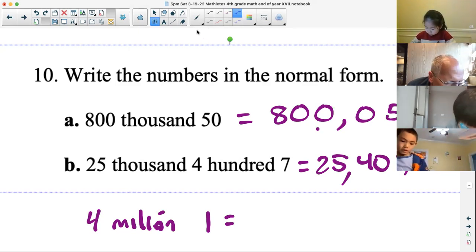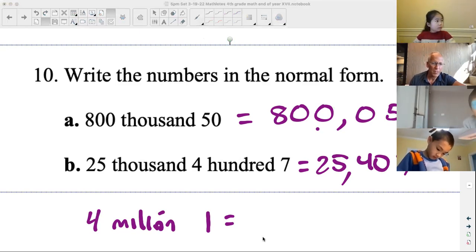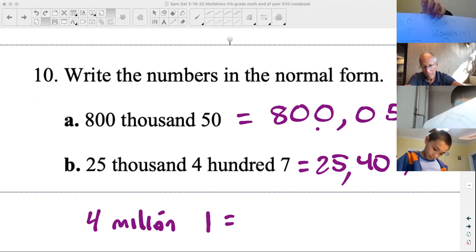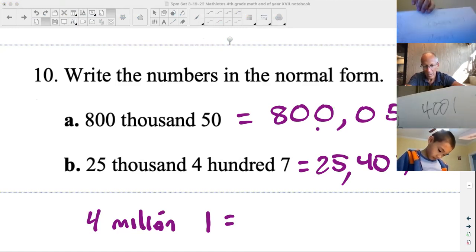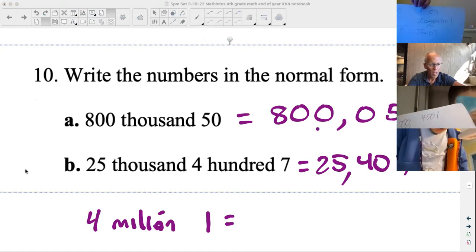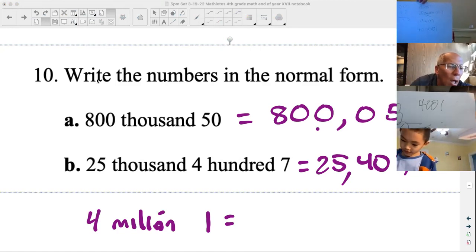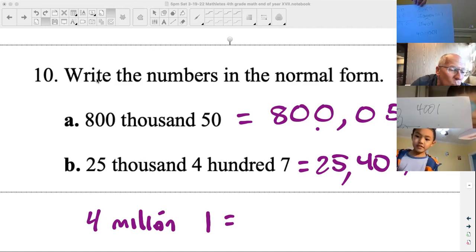Everybody try 4,000,001 and write it down. Eleanor, you wrote 400,001.